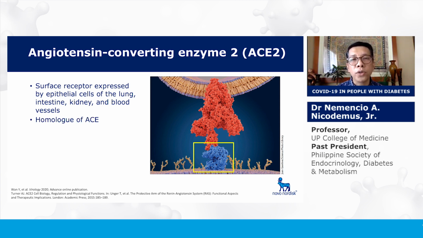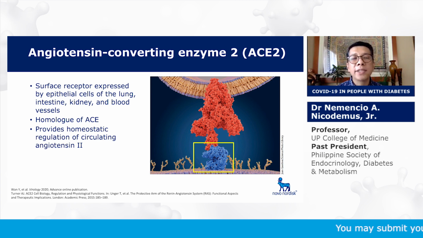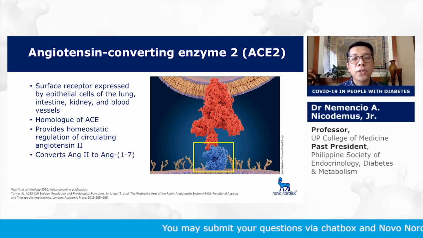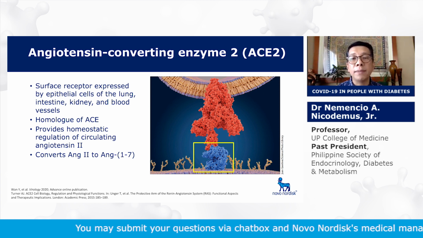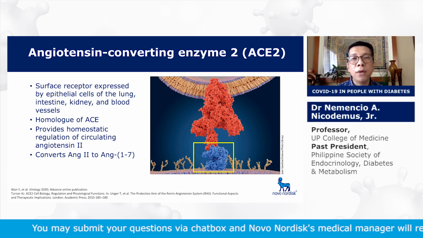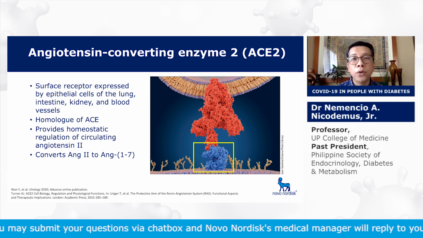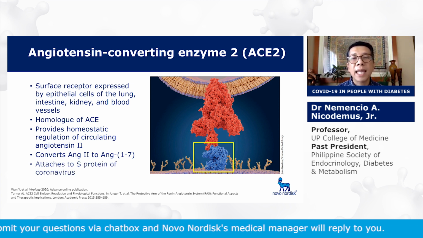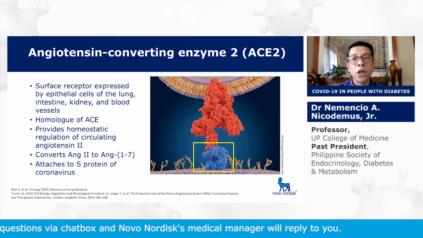It is homologous to the angiotensin converting enzyme and provides homeostatic regulation of the circulating angiotensin 2. What does it do? The ACE2 converts your angiotensin 2 to angiotensin 1 to 7. And it is this very important protein that is found in human cells that attaches to the S protein of the coronavirus of the SARS-CoV-2.